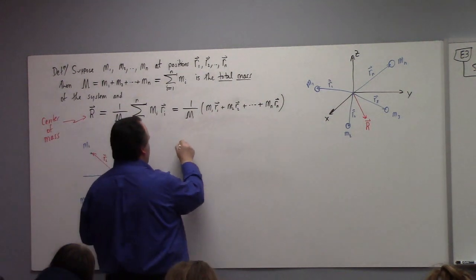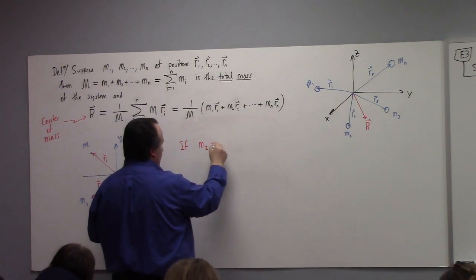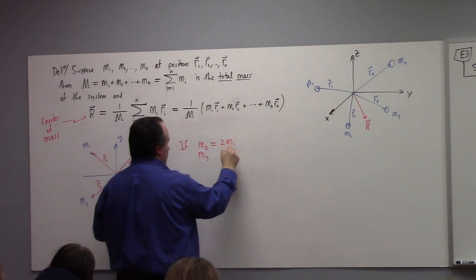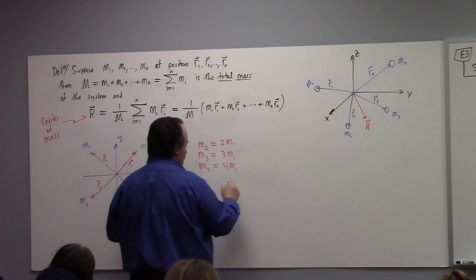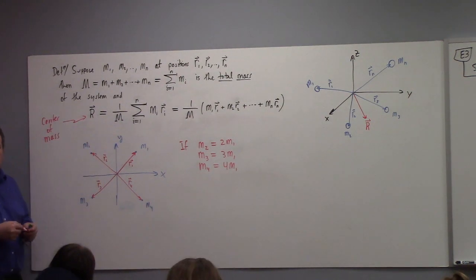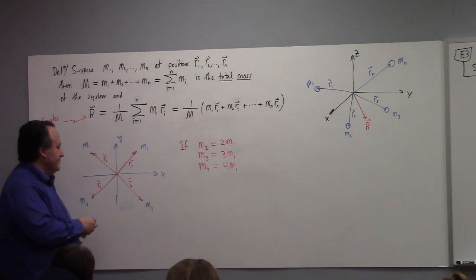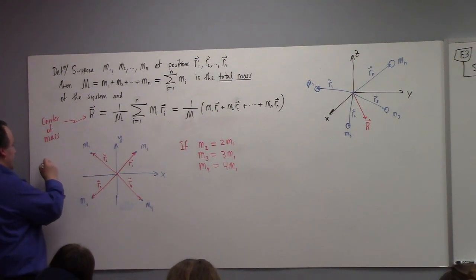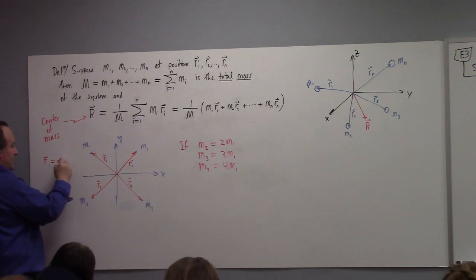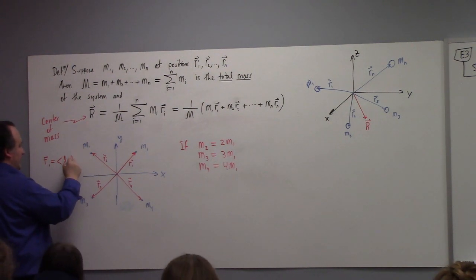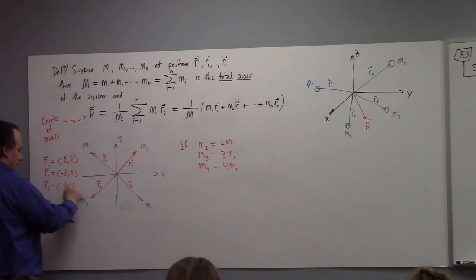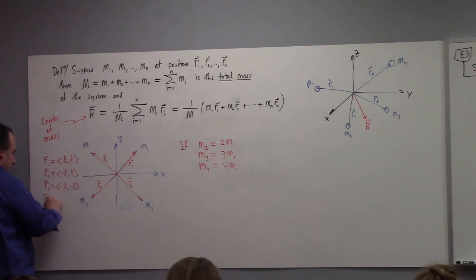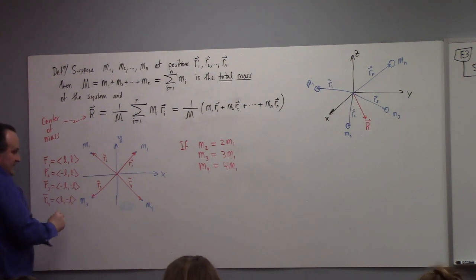But if M2 is equal to 2m1, M3 is equal to 3m1, and M4 is equal to 4m1, if that was the case, then, I guess I should tell you, R1 is, I don't know, (L, L), R2 is (-L, L), R3 is (-L, -L), R4 is (L, -L) for the sake of specificity, all right?